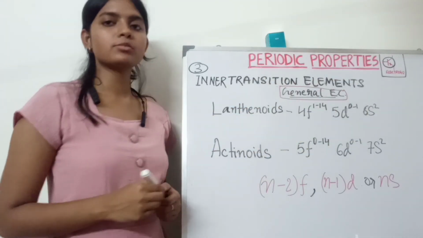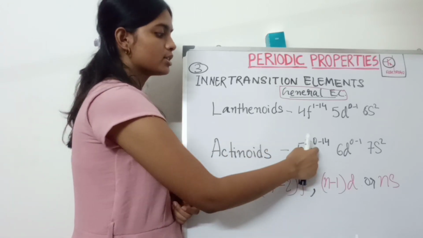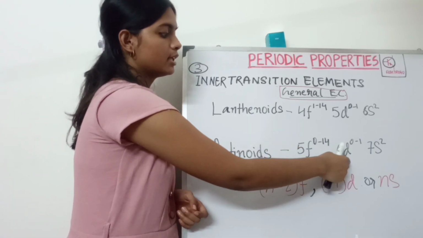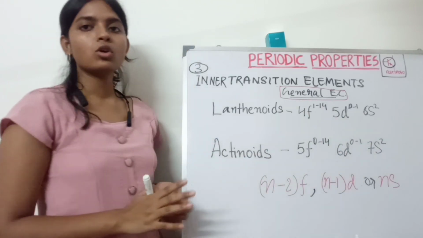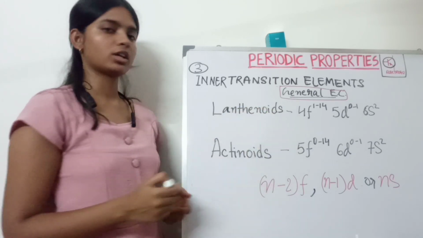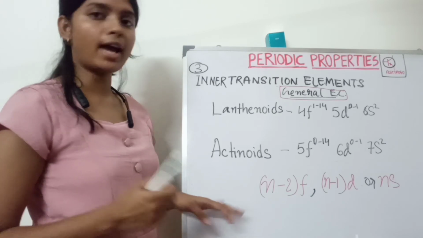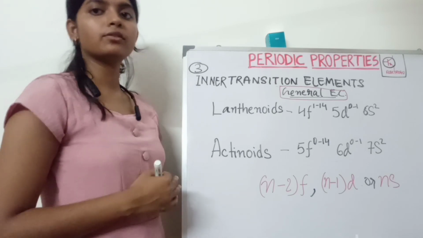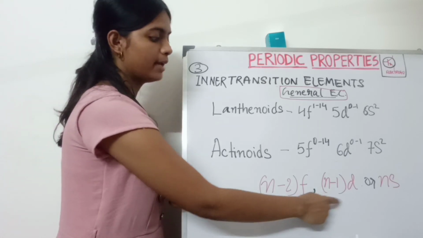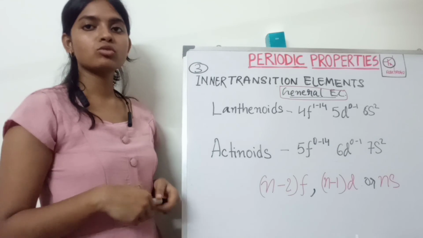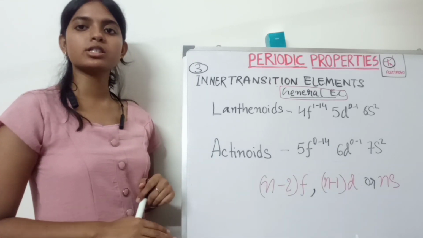And for the elements in the actinide series, the general electronic configuration is 5f0 to 14, 6d0 to 1 and 7s2. So from these two general electronic configurations, we can say that the valence orbitals will be (n-2)f, (n-1)d or ns. These three will be the valence orbitals for inner transition elements.